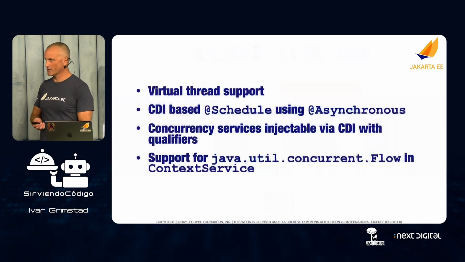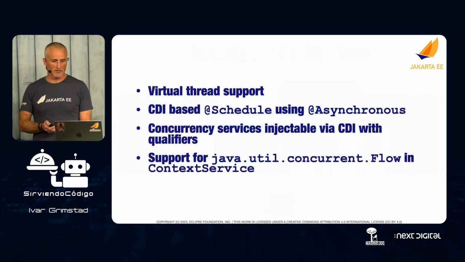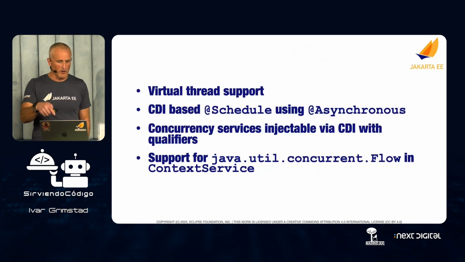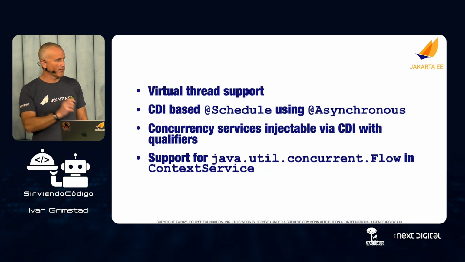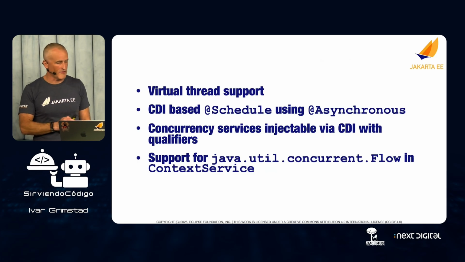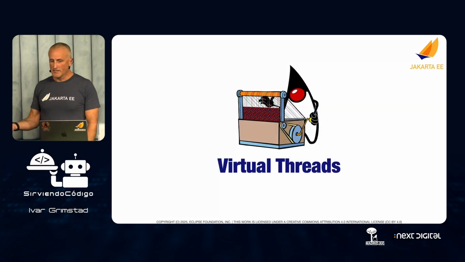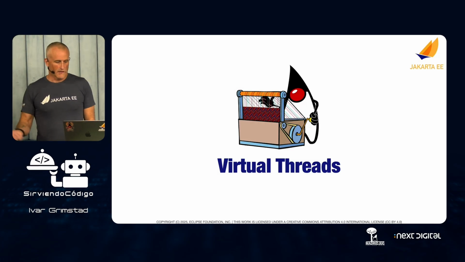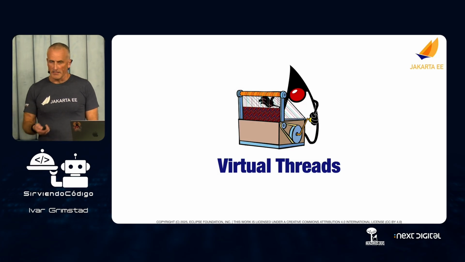Concurrency is interesting because Concurrency 3.0 supports virtual threads. They also do some other smaller things, but the important thing here is virtual thread support. And virtual threads are new in 21.